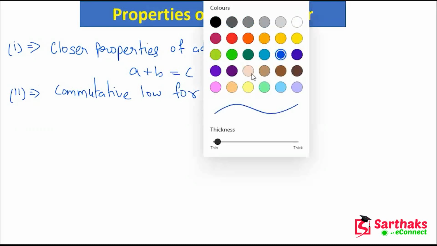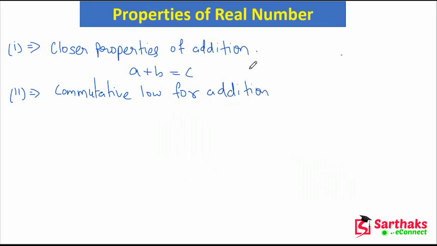In this case, if we add a plus b, and if we add b plus a, the result will always be the same. The result will always be the same for all real values, where a and b are real numbers. I hope you get this point.